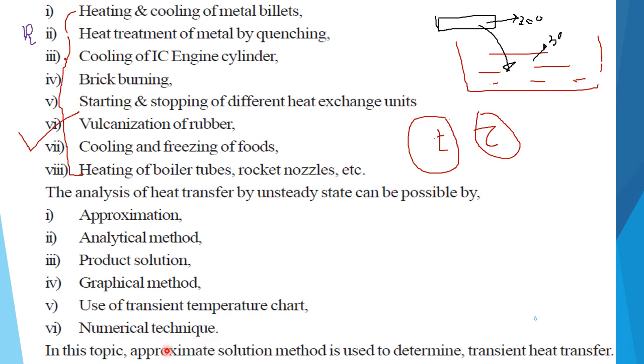At present we will use the approximation method to solve the unsteady state heat transfer case. When you are in the final year, with the elective subject advanced heat transfer, we will discuss the transient temperature chart, the Heisler chart, to study these unsteady state or transient heat transfer problems.